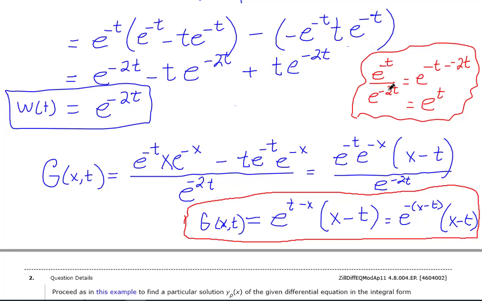So the exponents subtract: minus t minus a minus 2t, so minus t plus 2t, giving me e to the t. Alright, so I've got e to the t, I've got this e to the minus x, and you can leave it like this as your Green's function. Or you could factor out the minus 1 to make the term x minus t appear in both places.